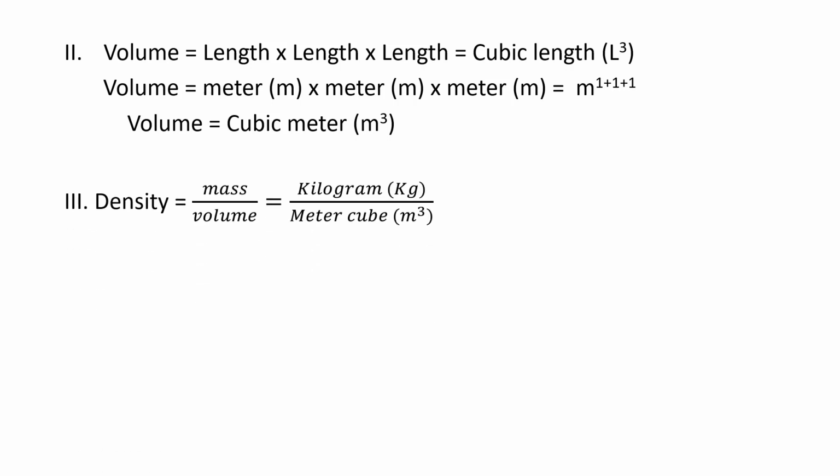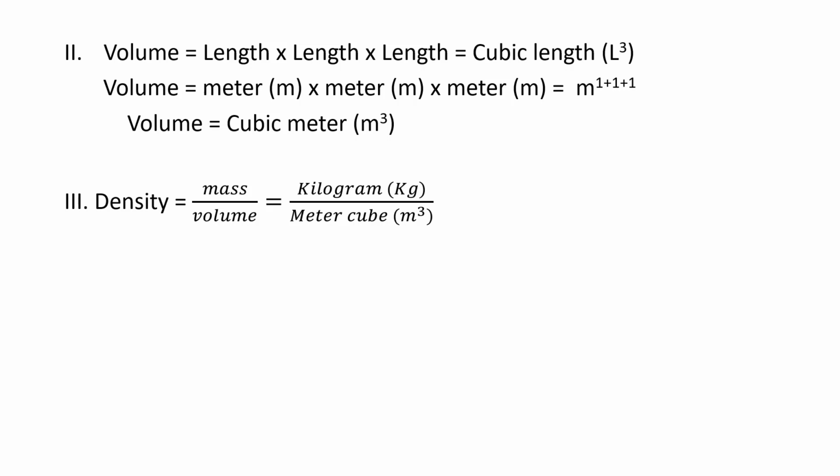Our next one is density. Question 3, density. You know the formula for finding density is mass over volume. We learned last week that the base unit for the base quantity mass is kilogram, and its symbol is kg.